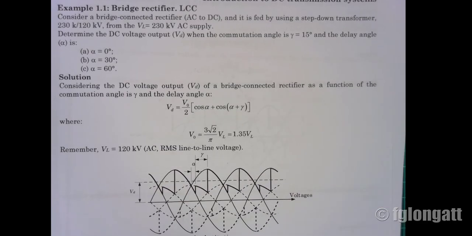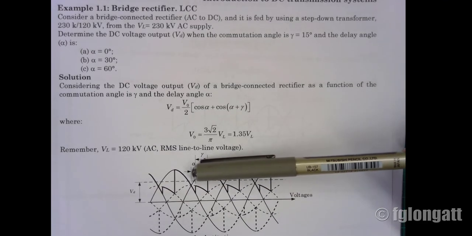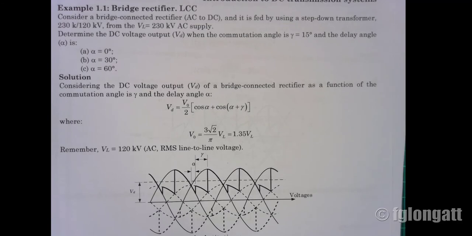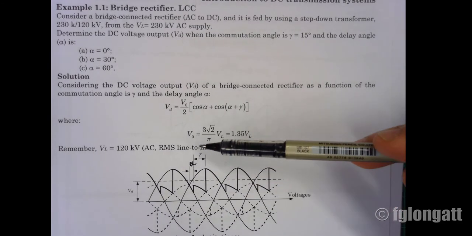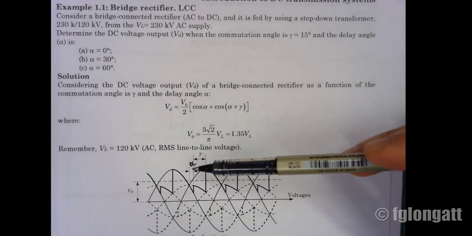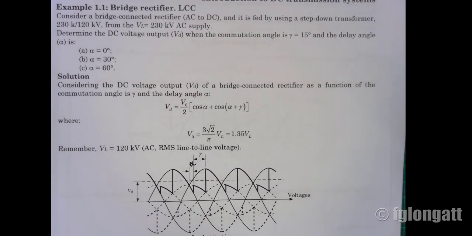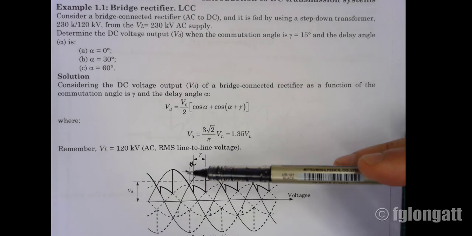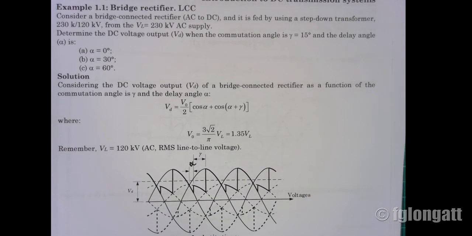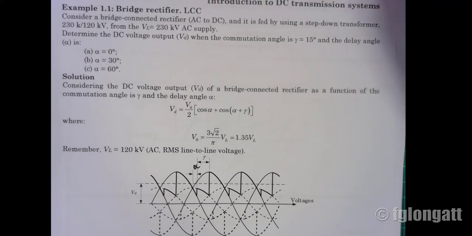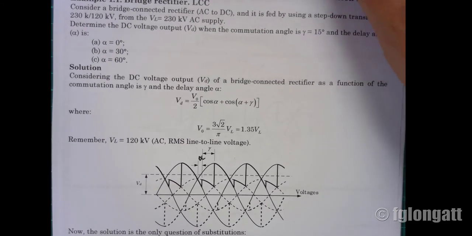And as you must remember, changing the angle alpha, alpha and gamma, they are defining how the commutator is rectified and the DC voltage that we can get from this bridge. Okay, and now it's extremely simple.